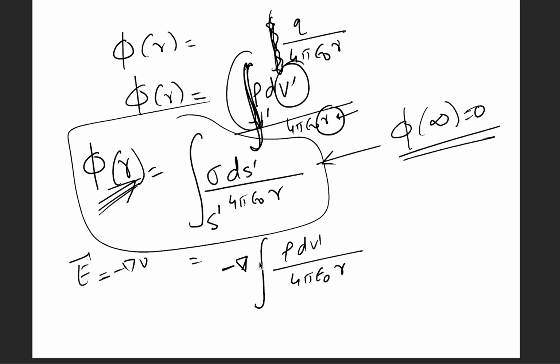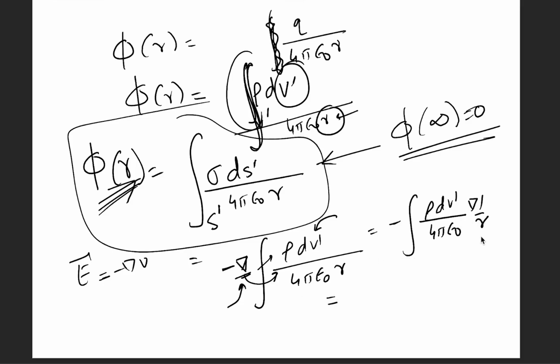Now this integral is with respect to the source point, and this gradient is with respect to the field point. So these can commute, meaning the gradient can be brought inside the integral. So what is this? Minus rho dv dash over 4 pi epsilon naught, gradient of 1 by r.